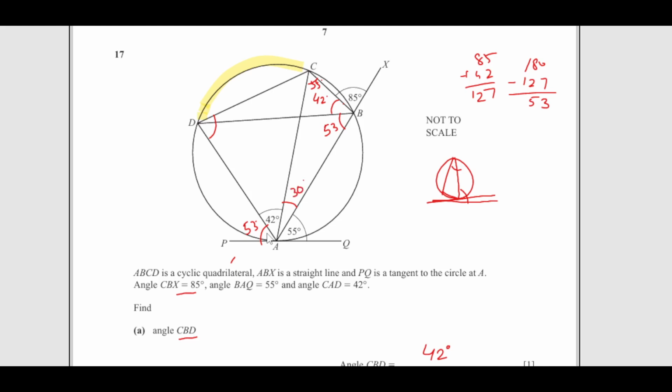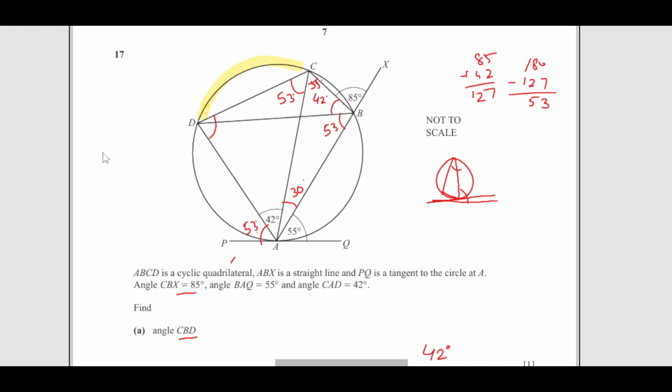So we got all these angles, but we are looking for ADC. Now how to find out ADC? We have this angle is 30 and this is 53. So by the alternate segment theorem, this is the triangle now from here to here. So if this is 53, this is also 53. Okay. So now once we got this angle, we can find out angle ADC.